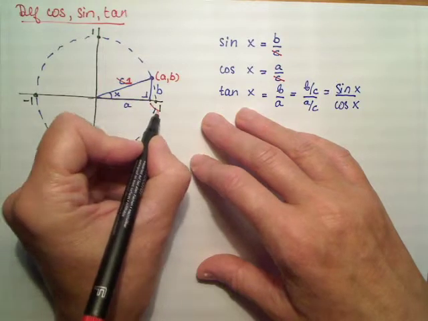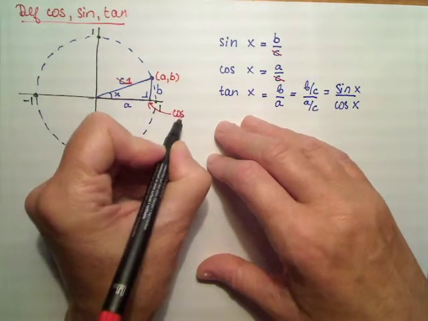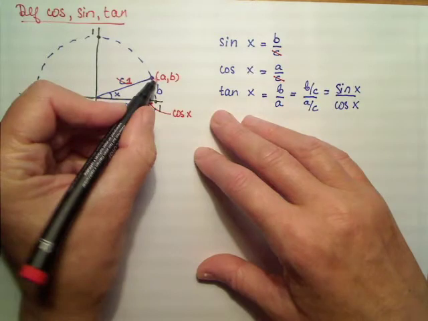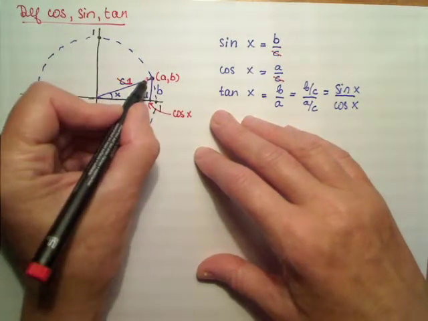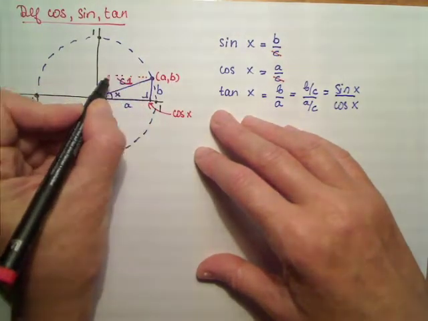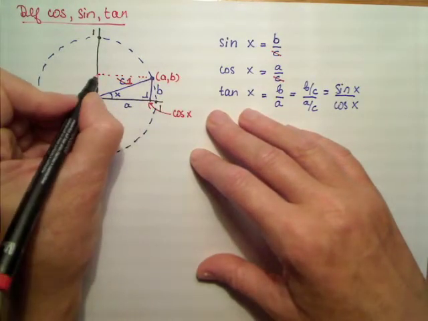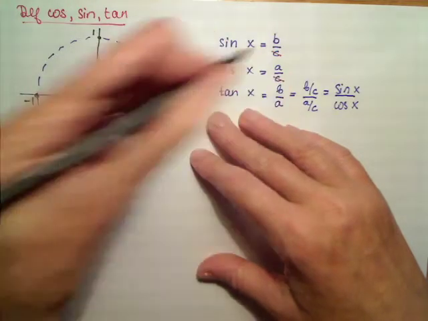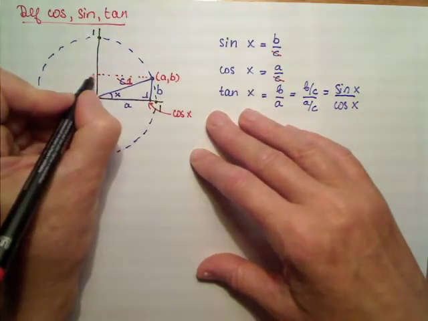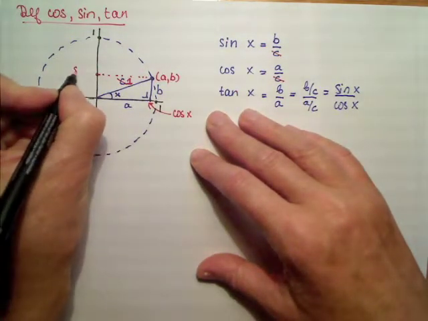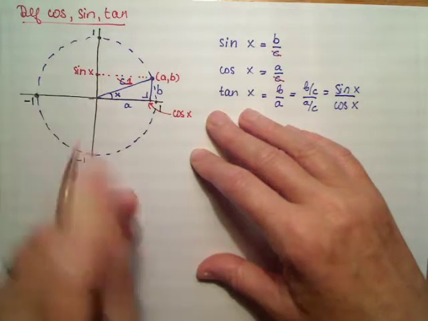So we have cosine of x sitting over here. The second coordinate b is in fact the sine, because of that formula. So we have sine of x sitting here.